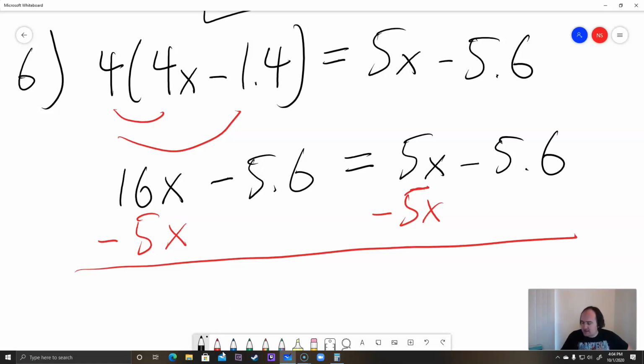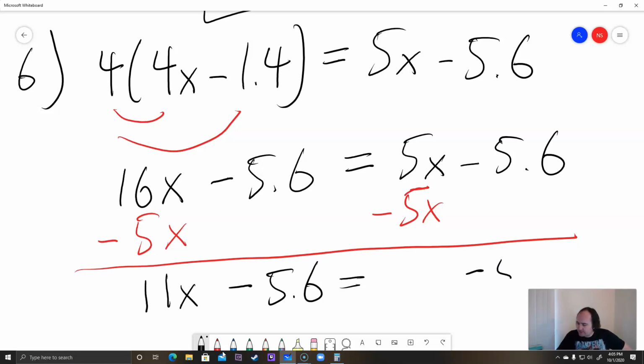So on the left side, 16x minus 5x is 11x. So we have 11x minus 5.6 equals, on the right side, 5x minus 5x is 0. And then we have a negative 5.6. Okay, so you should have 11x minus 5.6 equals negative 5.6.